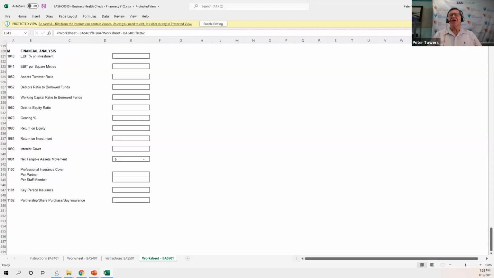And there's some various calculations there, and then all the formulas for each of those have been embedded in the system. You don't have to do the calculations. As long as you put the basic data in on BAS 401, it will be analysed, calculated, and reflected in BAS 501.